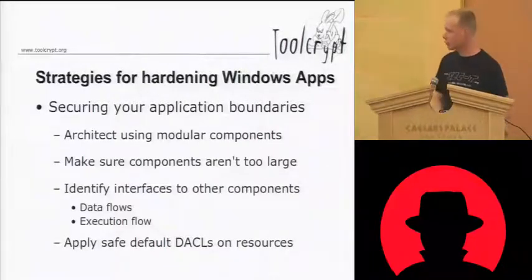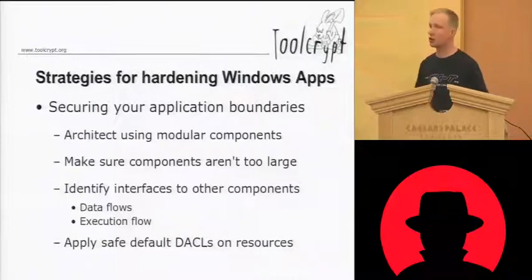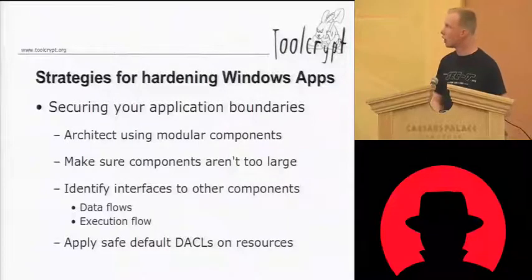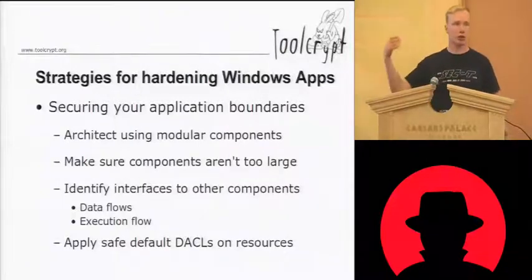And another thing that you can do when we're talking about application boundaries, of course, boundaries between different modules in the code, but also boundaries between the application and the OS.